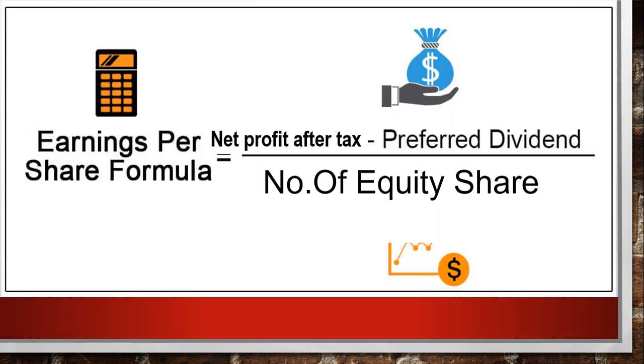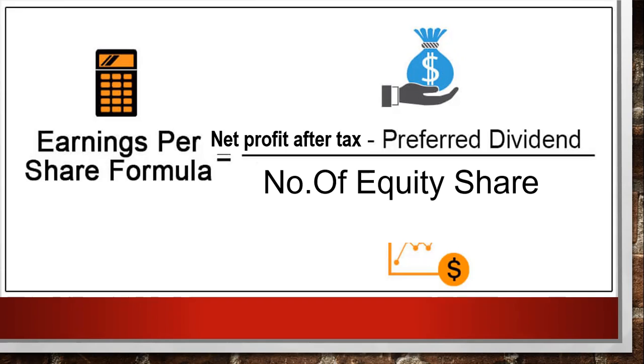So the formula is net profit after tax minus preference dividend, because you have to pay the dividend to the preference shareholders. You will get a net profit, and you have to divide it by the number of equity shares held by the equity shareholders. Using this formula, you will come to know the earning per share, how much you are earning from one share.